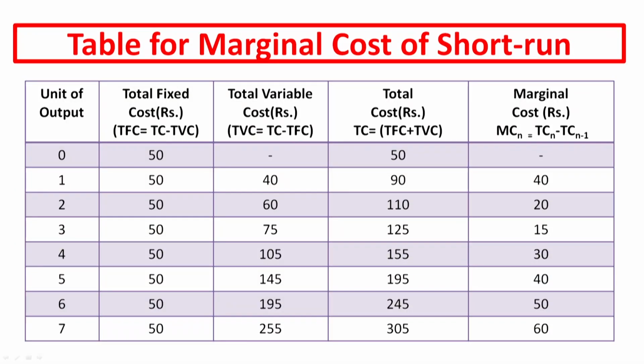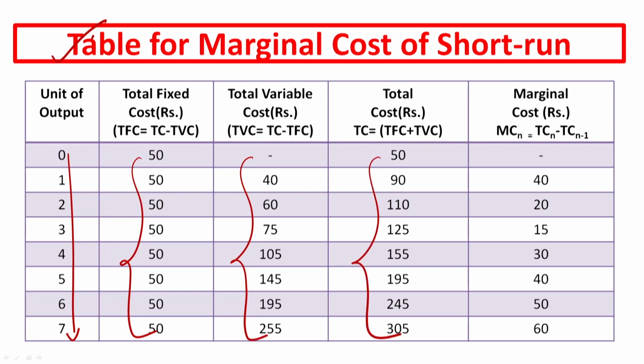This can also be represented with the help of a table, in which you can see your output is increasing from 1 to 7, your fixed cost remains constant, your variable cost is increasing for every level of output, and your total cost is also increasing.